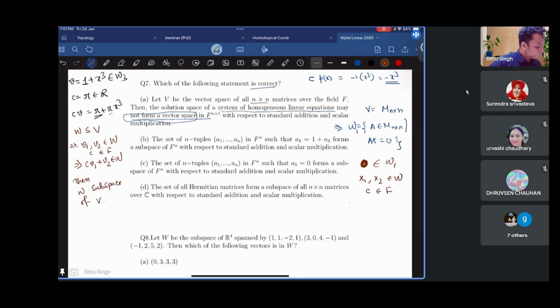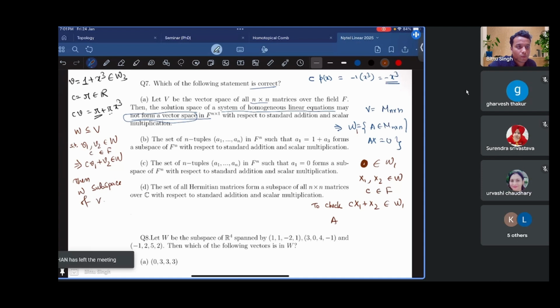So it is enough to check that c x1 plus x2 also belongs to W1. Let us check. To check if something belongs to W1 or not, we need to check if this equation is satisfied.